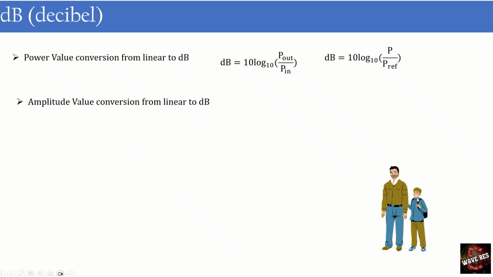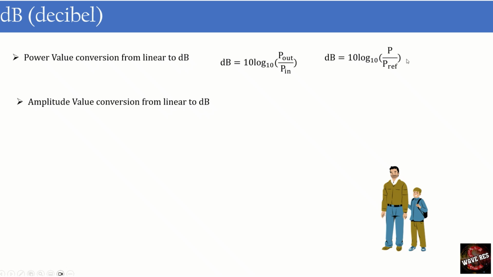So this is a relative scale, not a unit. dB always refers to a relative measure. This is the conversion for power from linear to dB. For converting to dB, we have to use the equation 10 log10 of P out by P in.